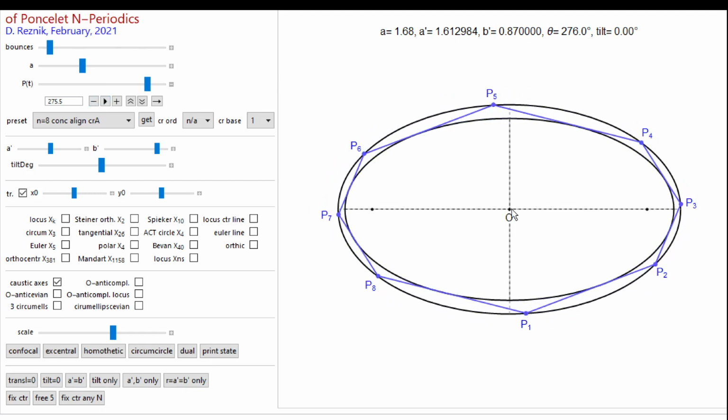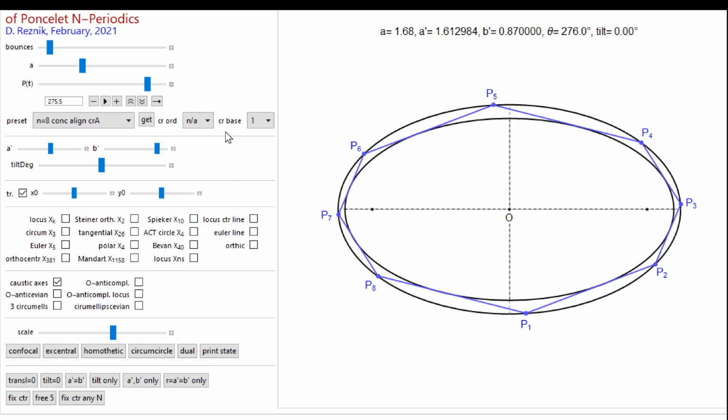P1 and P5 are diametrically opposite. All proper opposing vertices are diametrically opposed to each other, or reflections of each other with respect to O. I could tweak this pair a little bit to make it slightly non-concentric and slightly not tilted, but that's not germane to the video.